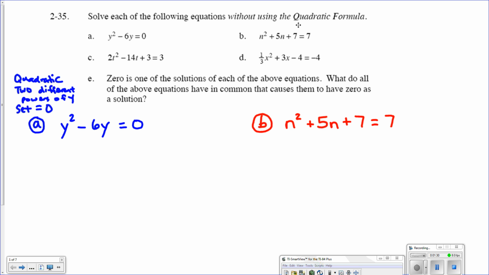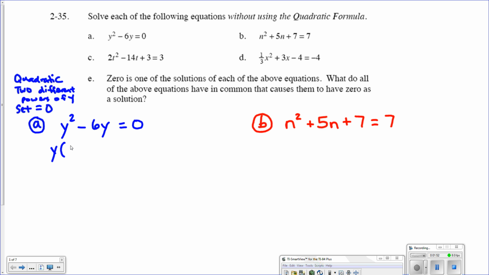Now they said that we cannot use the quadratic formula, so the first thing we want to ask is, does it factor? And remember, the first step in factoring is to look for the greatest common factor. In this case we have y times y minus 6 times y, so in either case we can factor out a y.